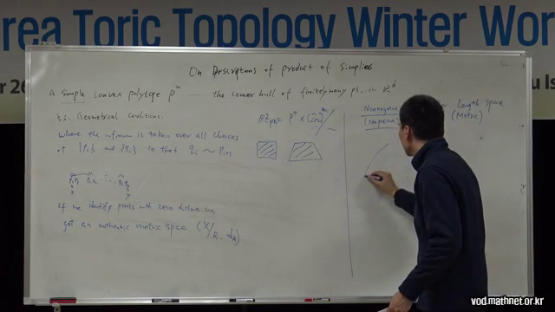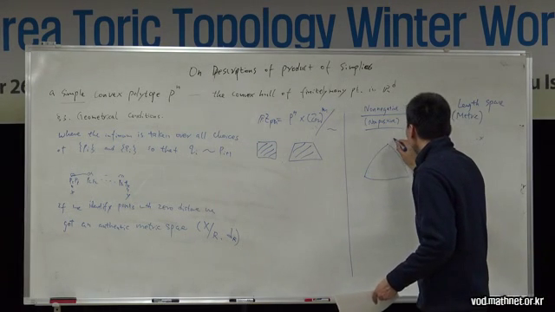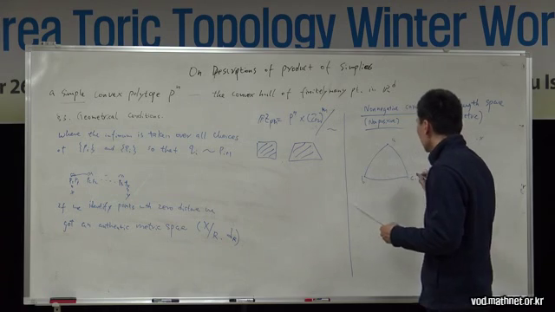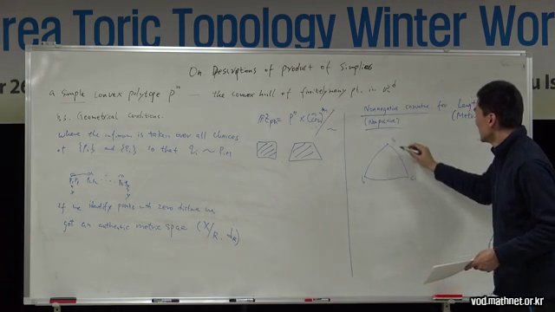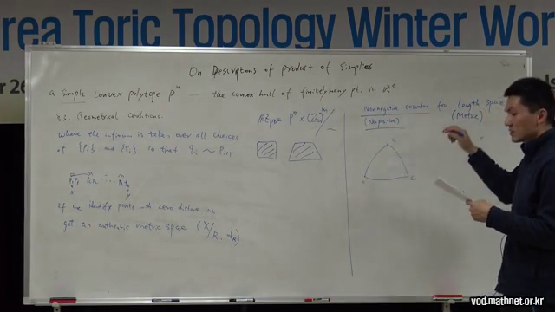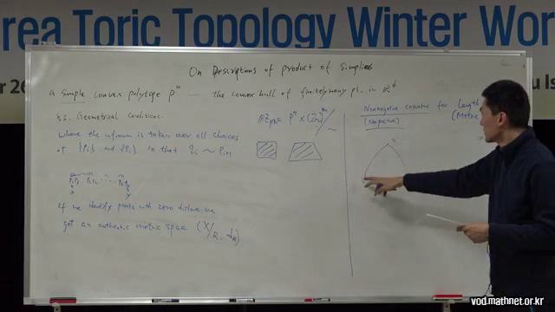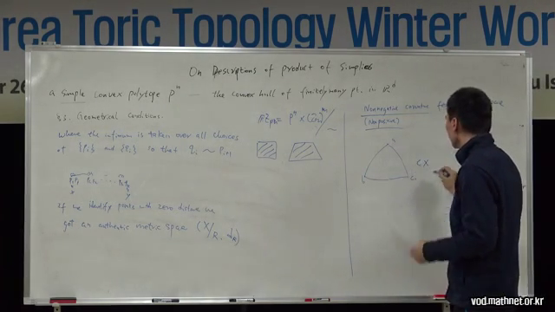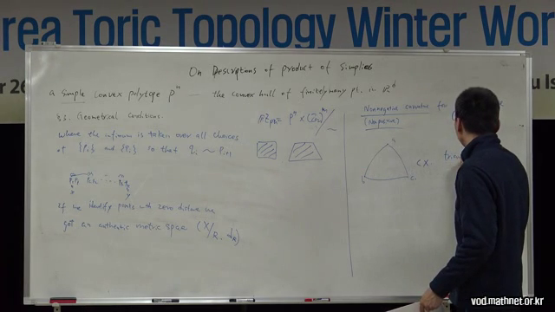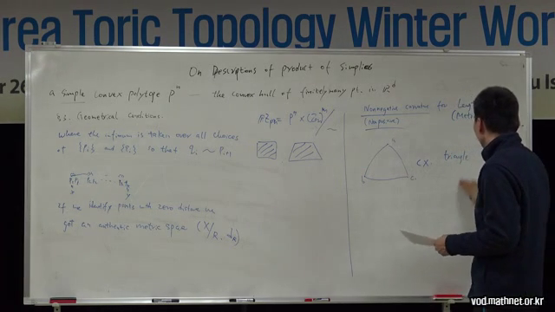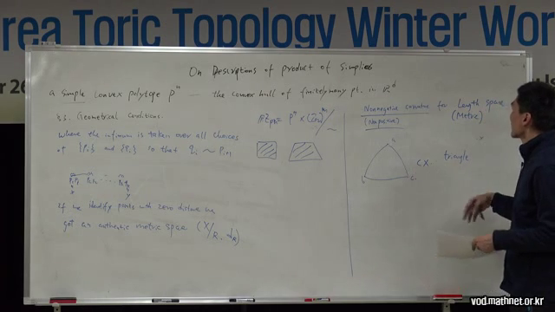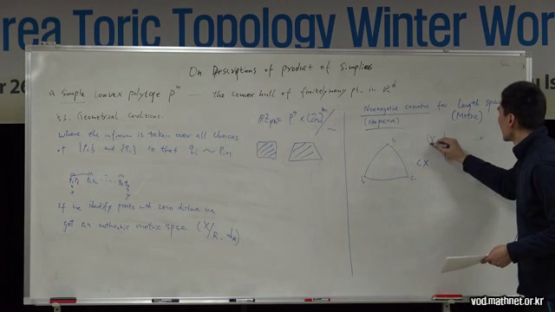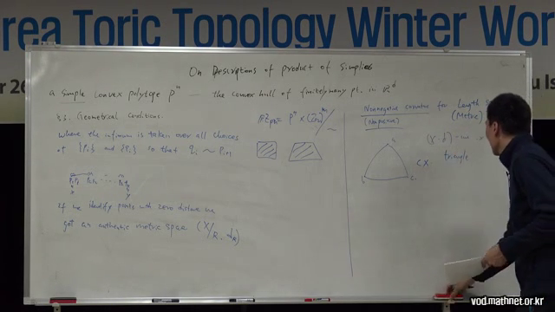Suppose we have three points. We can connect them by geodesics, curves of shortest length. So this is a triangle in the abstract metric space or length space.